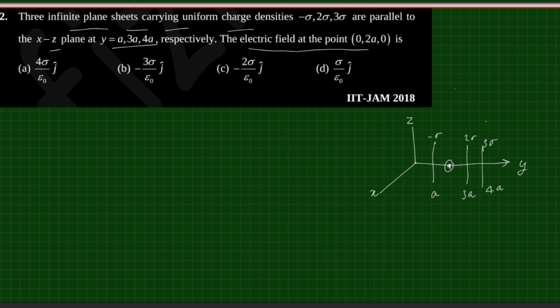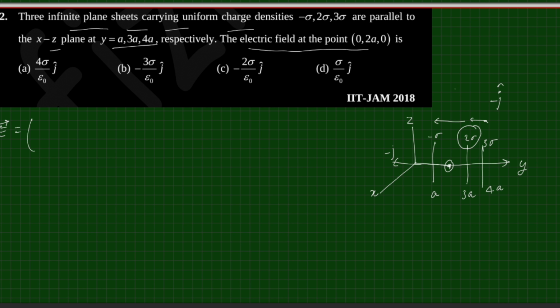So the electric field due to minus sigma will be in this direction, minus j cap, and also due to 2 sigma in this direction, and 3 sigma in this direction. So all three sheets have electric field direction in minus j cap. So the total electric field will be the summation of the electric field due to all three sheets.